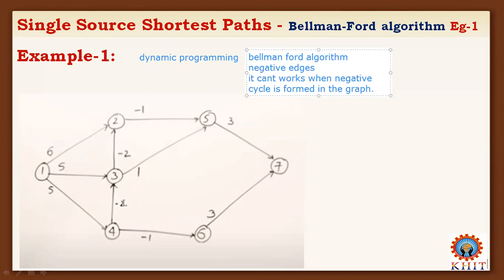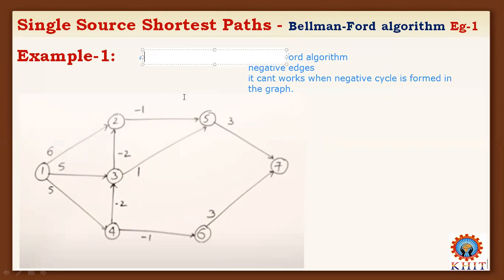Negative edges are there, but a negative cycle is not formed. A negative cycle is not formed in the given graph. That's why we are able to solve the problem very quickly by using the concept of dynamic programming. So we can solve the problem by using the dynamic programming concept only.